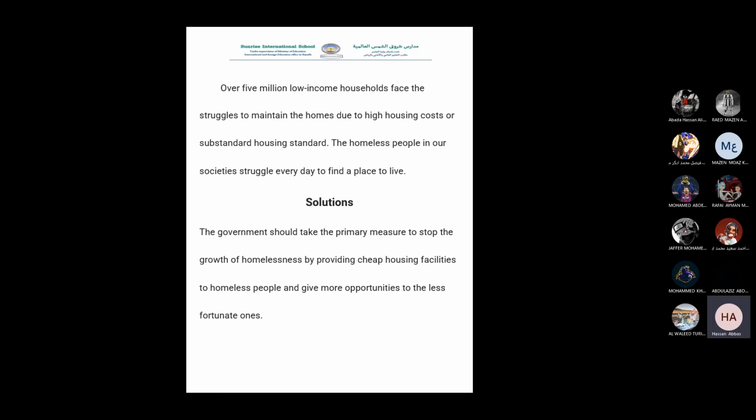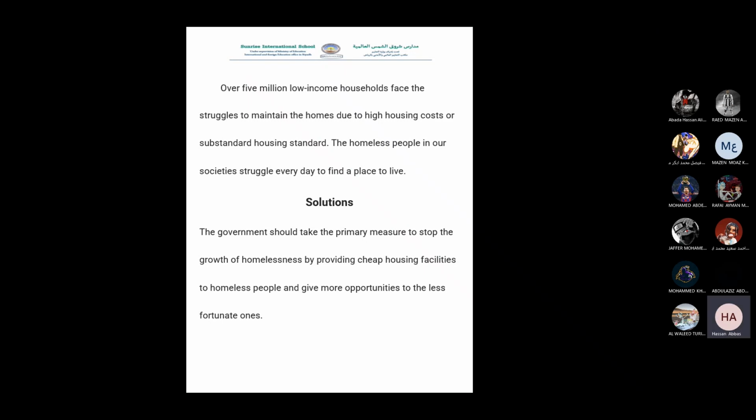We are following, talking to the government. We have to talk to everyone. We have to write to everyone just to know how to solve this problem.